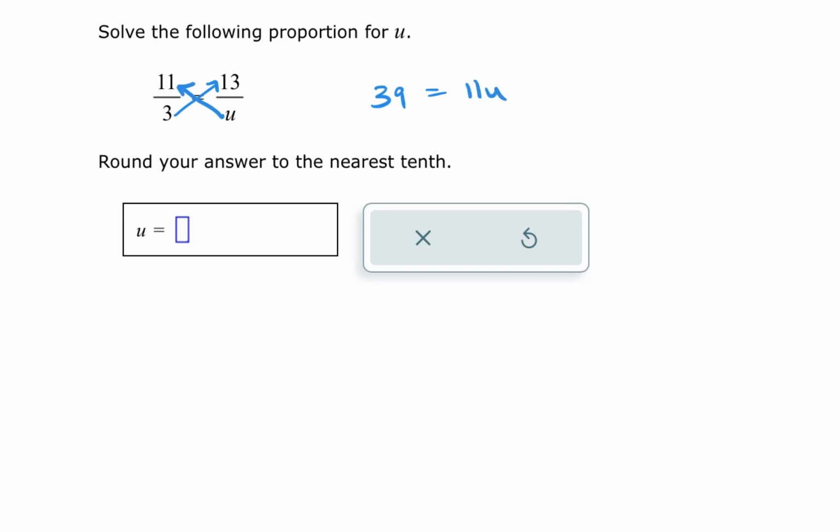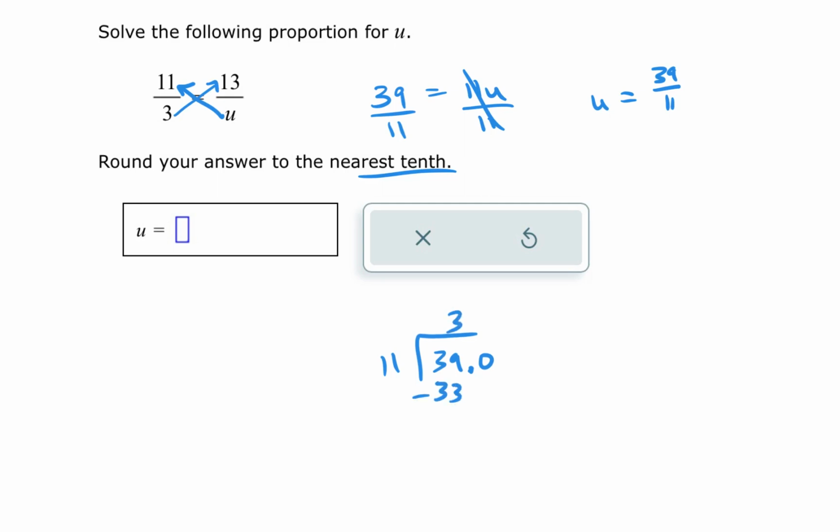And now, knowing that my denominators would both be 3u, I can just ignore them and I can solve this equation. So I'm going to divide by 11. That leaves me with 1u on that side, divide by 11 on this side. So u equals 39 over 11, but again, we want to round this to the nearest tenth. So I'm going to have to do some division. I'll go ahead and put a decimal point and give myself a 0 there.